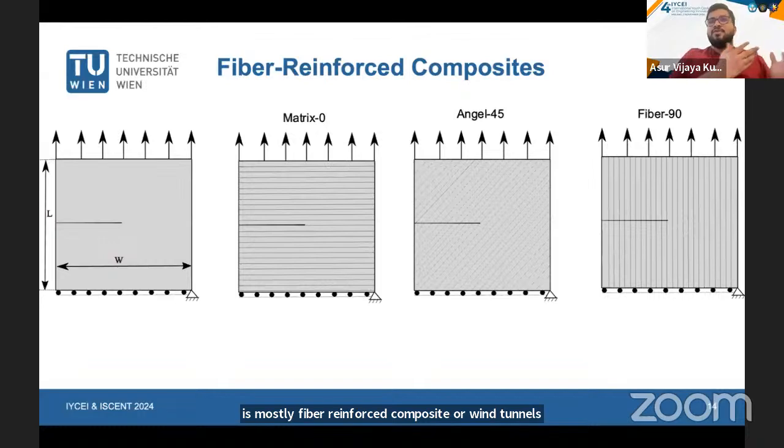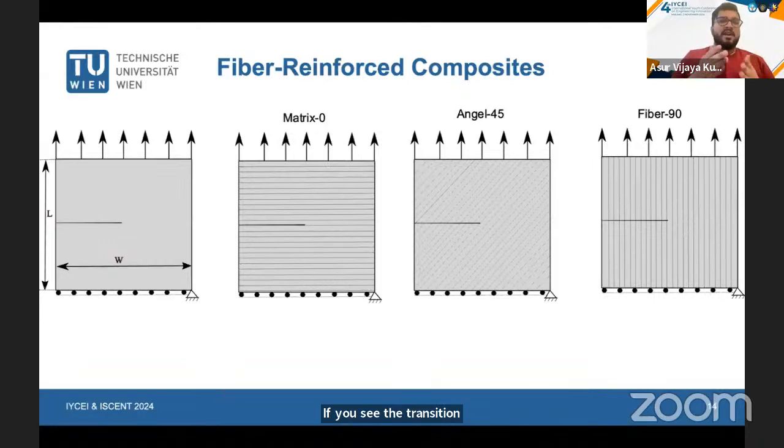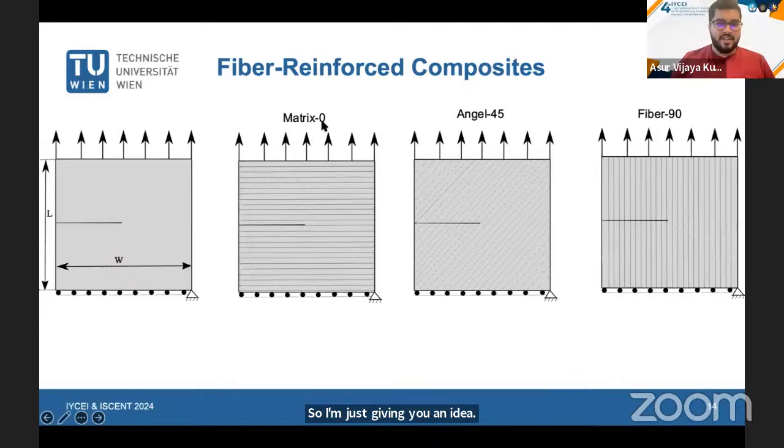So if you see the transition from one metal to other metal, now we are completely moving into fiber reinforced composites. That means it's very, very important for us to understand how the fracture propagation happens in fiber reinforced composites, right? So I'm just giving you an idea. Here on the matrix, 0, the fibers are oriented like this.